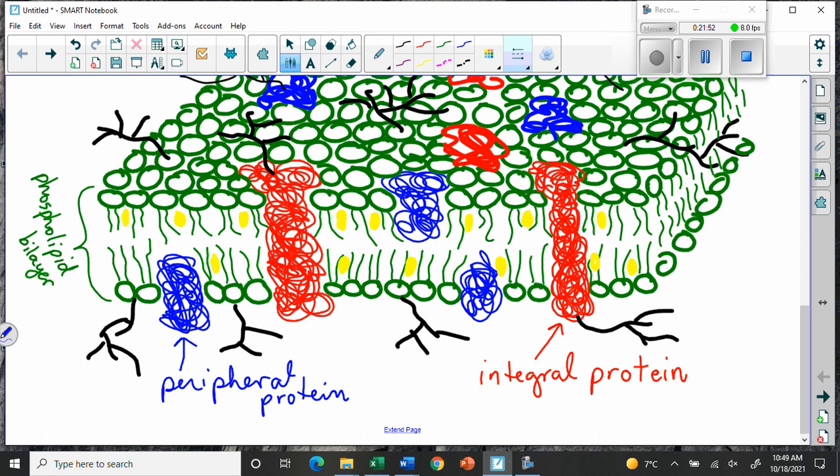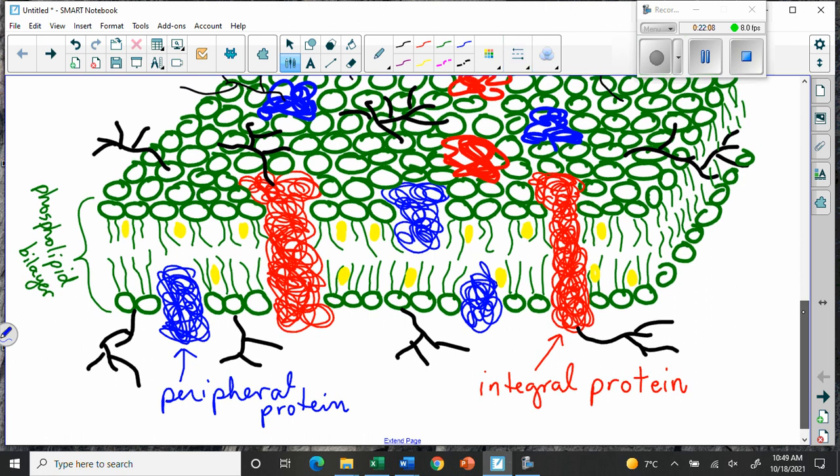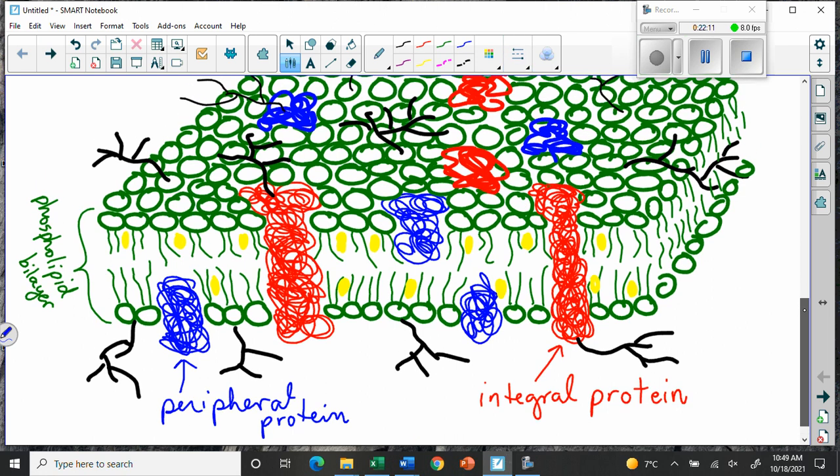They can be labels, like license plates that help tell the cell whose cell this is and what it does. And they can be sites for other molecules to attach to make the membrane do things. So they're attachment sites mostly for other molecules that can influence how the membrane will act.